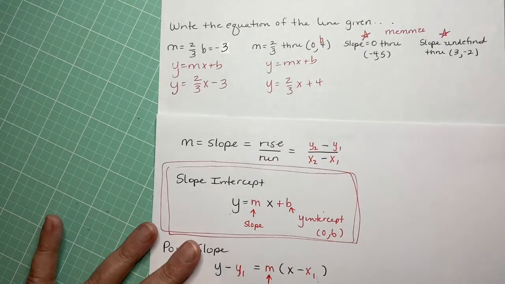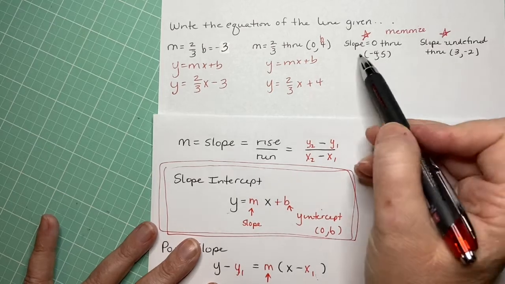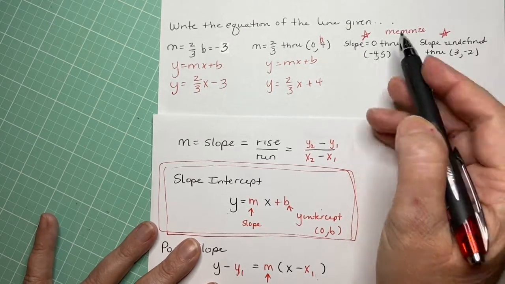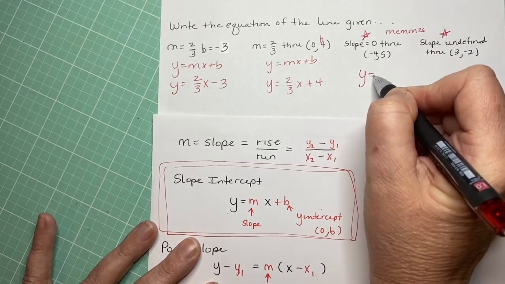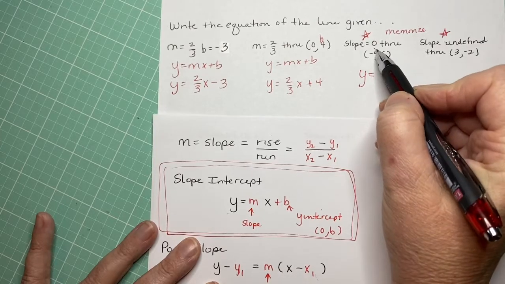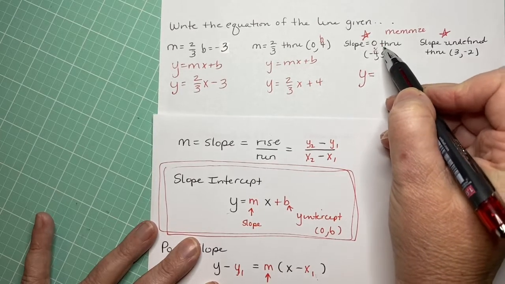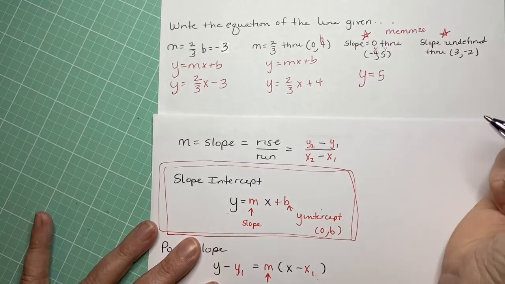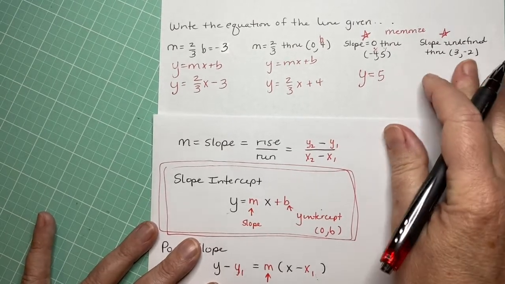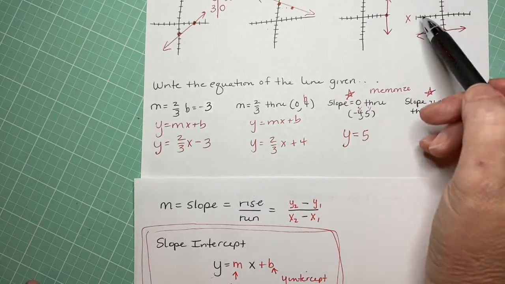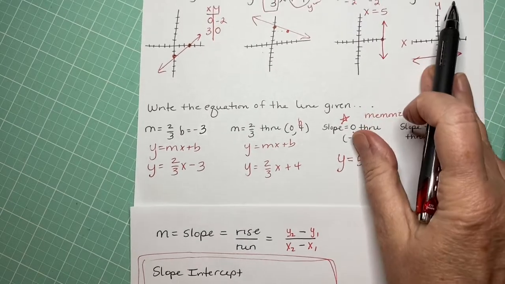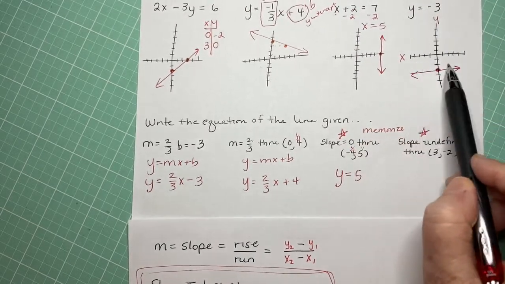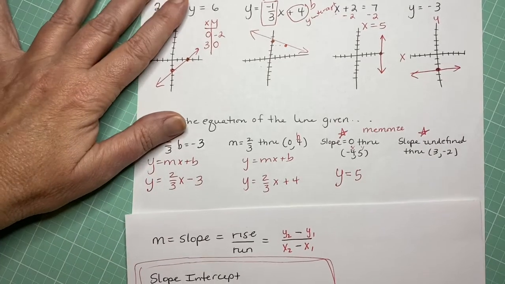So when we're looking at our worksheet, slope equals 0. 0 is always y equals. Now you do have to look here. Remember, the first number is your x and the second number is your y. So y would equal 5. And that's our equation, because see, it's like a problem up here if you were to graph it. It's the equation of a horizontal line.